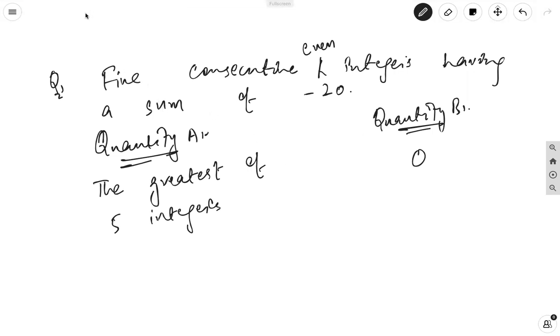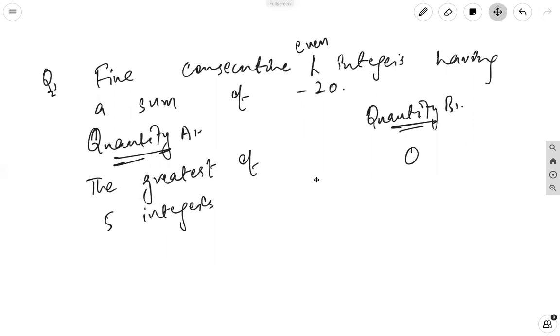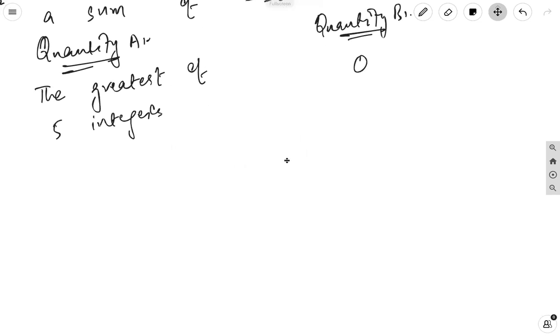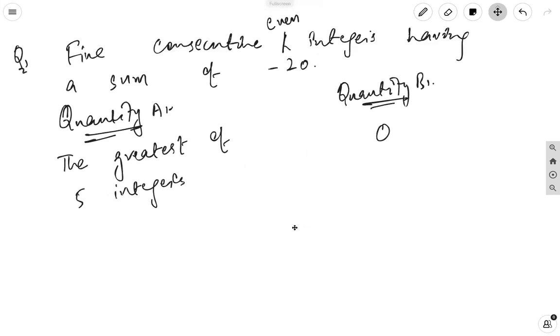Okay. Now we have 5 consecutive even integers having a sum of minus 20. A is greater, or both will be equal.